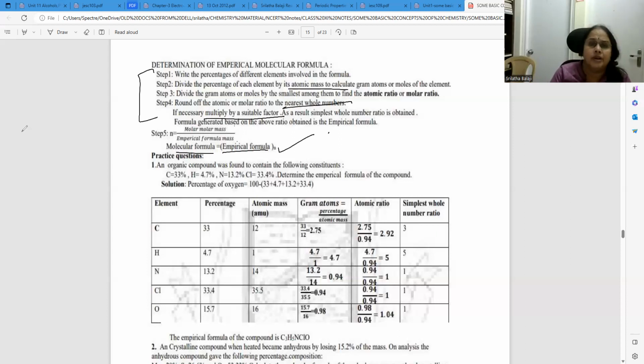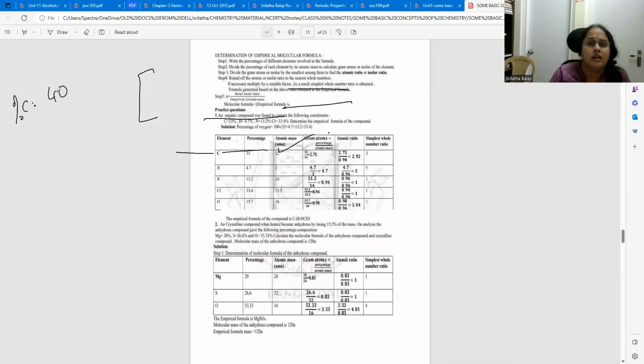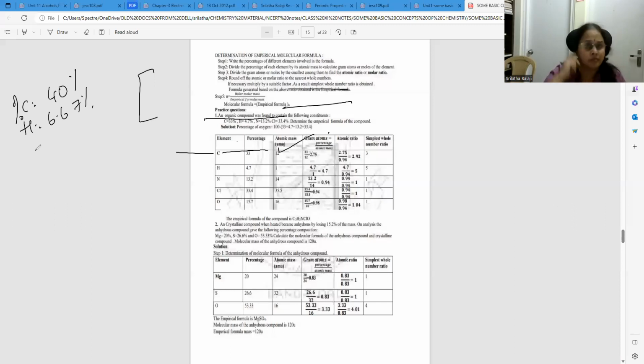Take this. Percentage of carbon is 40. I'm giving you the simplest. Hydrogen is 6.67 and oxygen is 53.3%. Molar mass is 180.